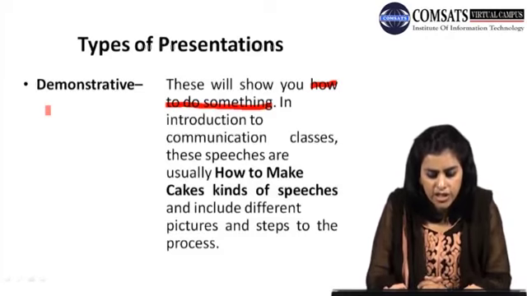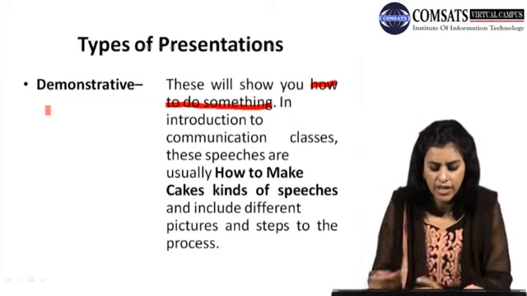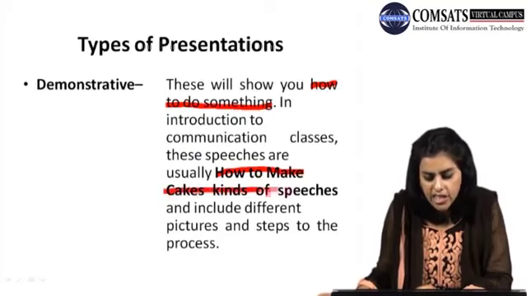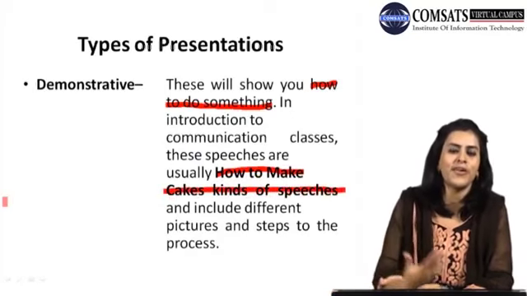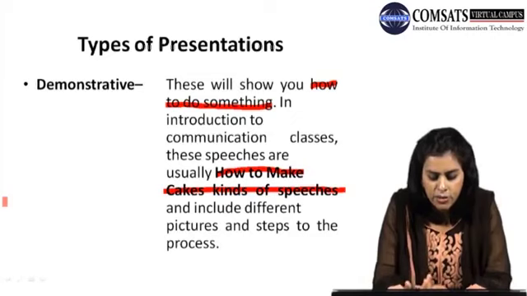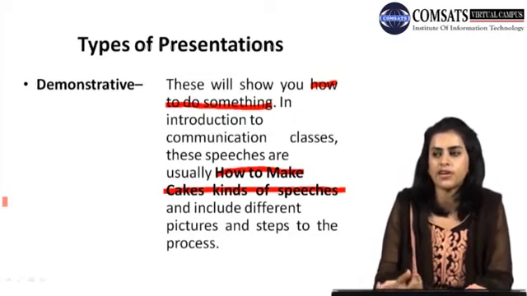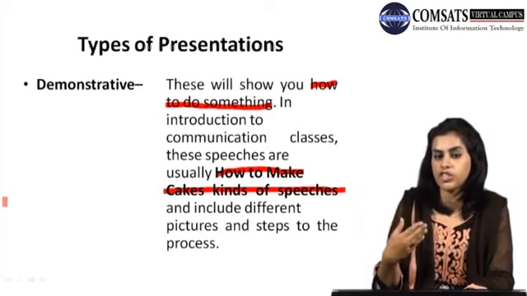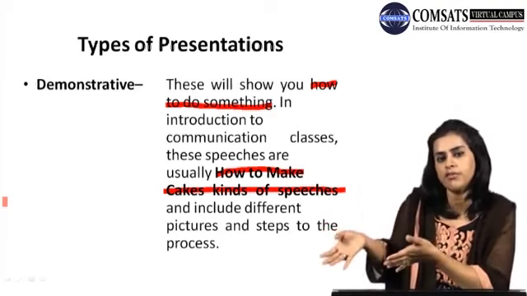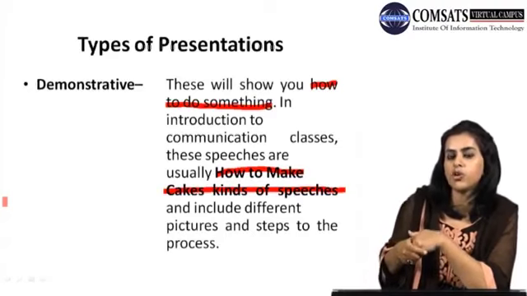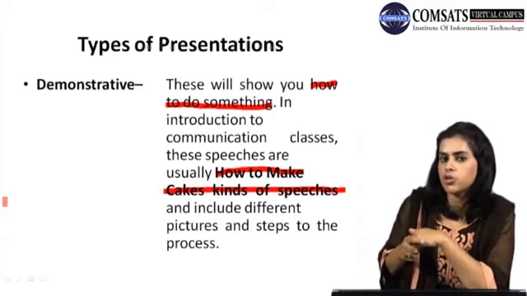In introduction to communication classes, these speeches are usually "how to make cakes" kind of speeches. The process is explained in the whole presentation, and includes different pictures and steps. For example, with the machinery, if the machine is available in front of you, you can use it to make your audience understand what exactly you are talking about.